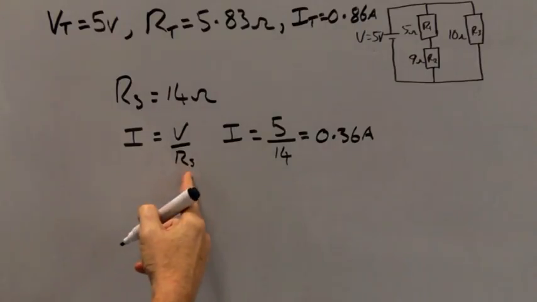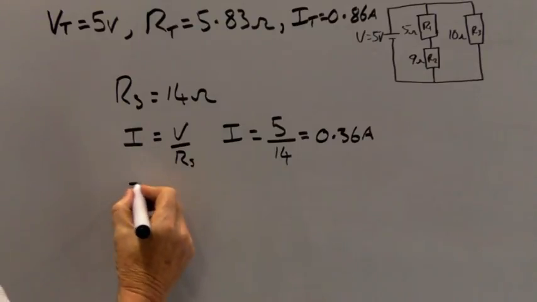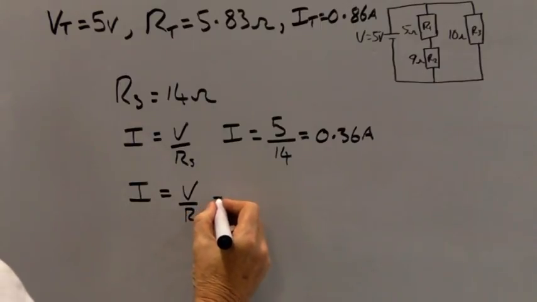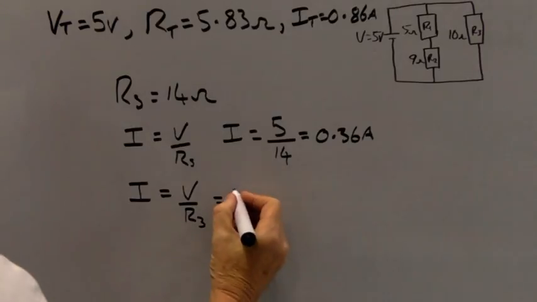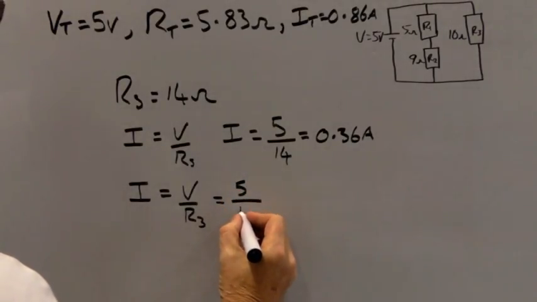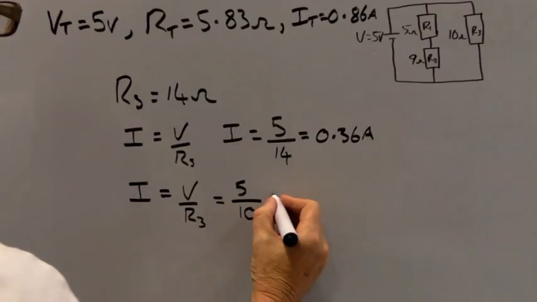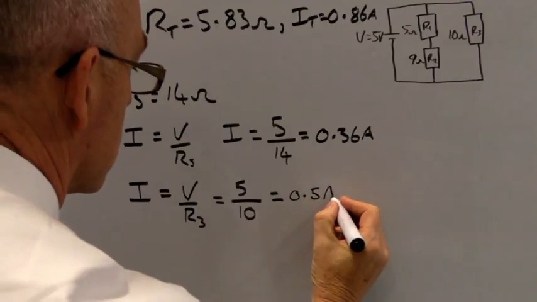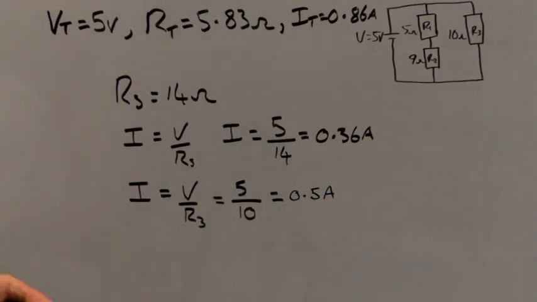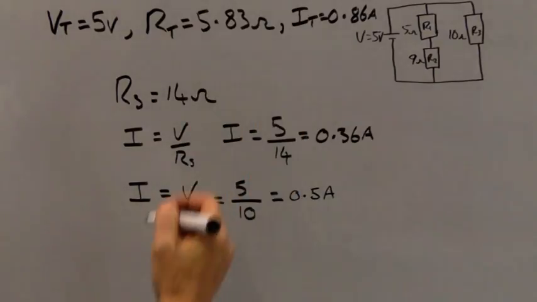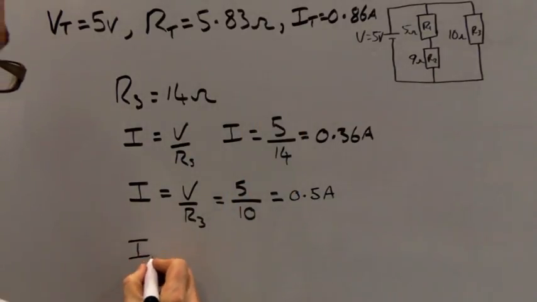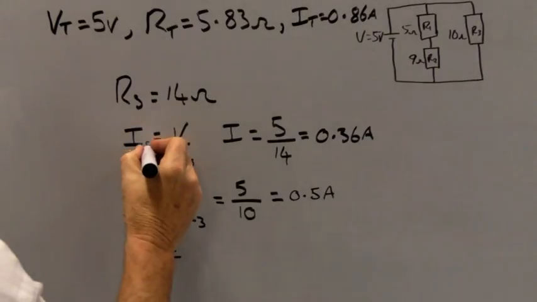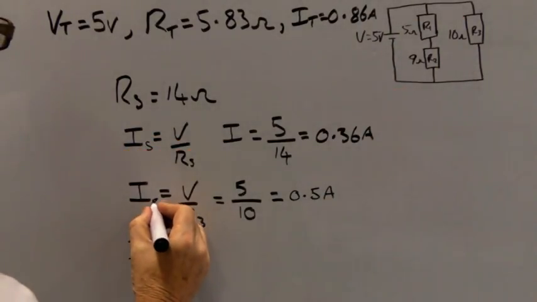Now we need to find the current through the 10 ohm resistor. Again, using Ohm's law, I equals V over R3 this time. The voltage is 5 volts, divided by 10, and that equals 0.5 amp. By this time you should know the rule that the total current, IT, equals IS, for series, plus I R3.